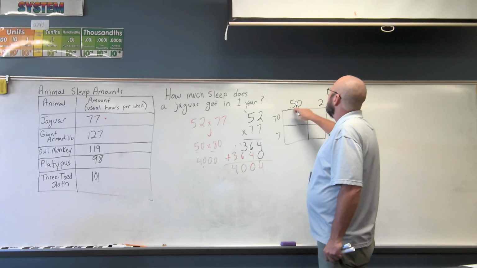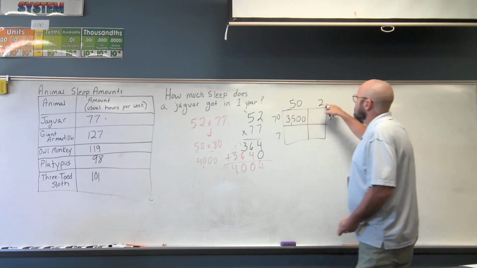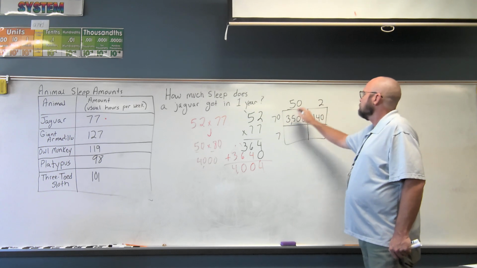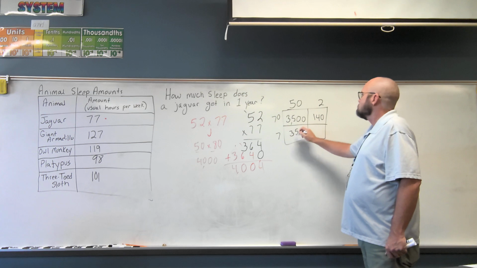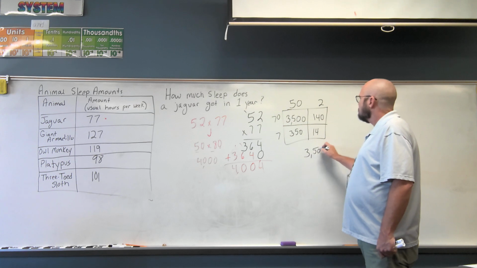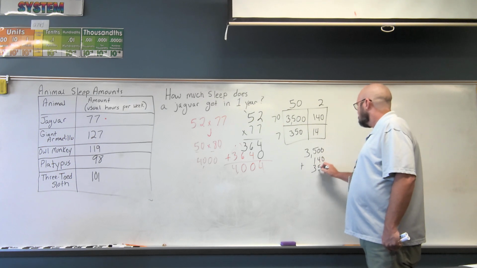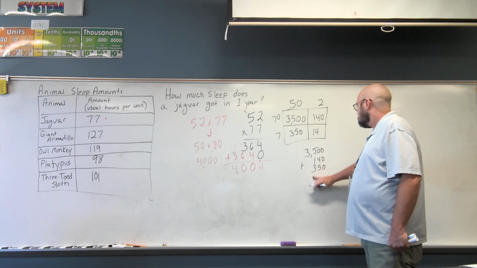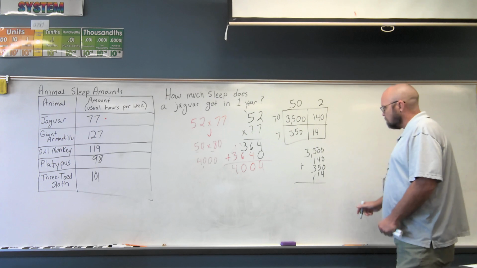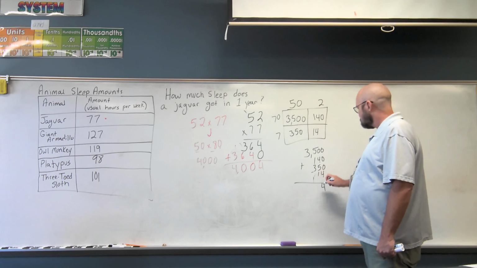So 7 times 5 is 35. With the 2 zeros is 3,500. 70 times 2 is 140. 7 times 5 is 35, but we have 1 zero, so 350. 7 times 2 is 14, and if we add these up, 3,500 plus 140 plus 350 plus 14, making sure we put our ones over our ones, our tens over our tens, our hundreds over our hundreds, and we should get 4. 4 plus 1 is 5, plus 5 is 10.